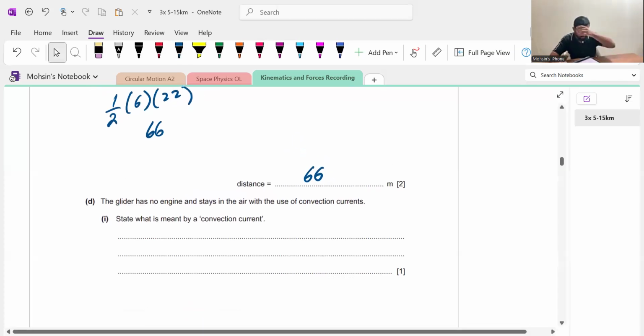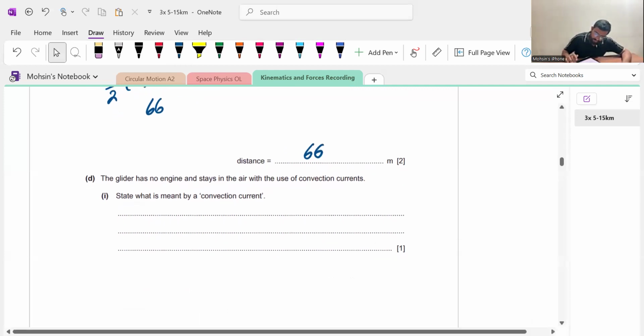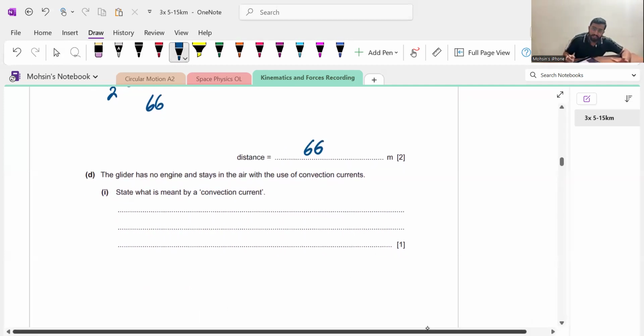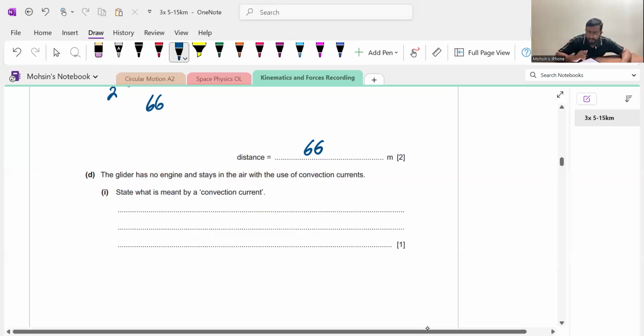The glider has no engine and stays in the air with the use of convection currents. This is part of thermal physics, actually. State what is meant by convection current. If you have not studied this topic, when you study it you will understand that convection is basically the rise of hot air due to less density, and the colder air falls back due to higher density.